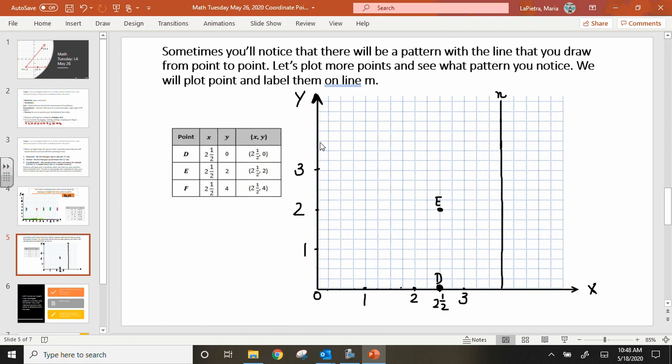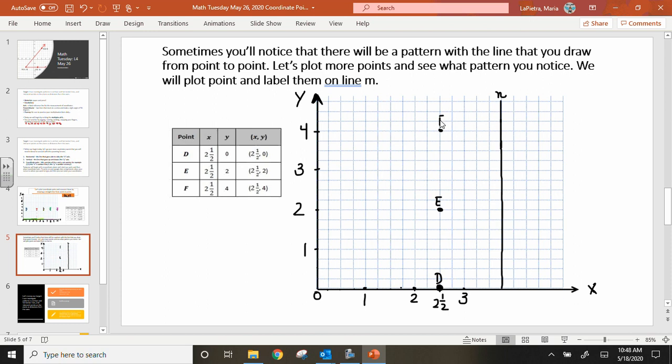Okay. I'll make our 4 on here. So I'm back to over on my 2.5 on the X, going up on my Y. So this will be F.